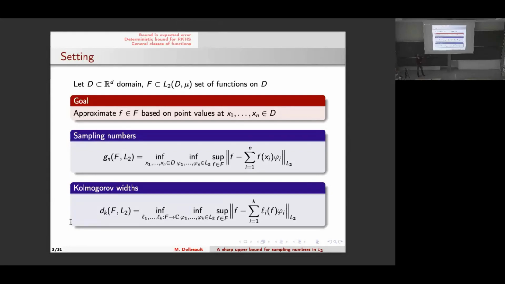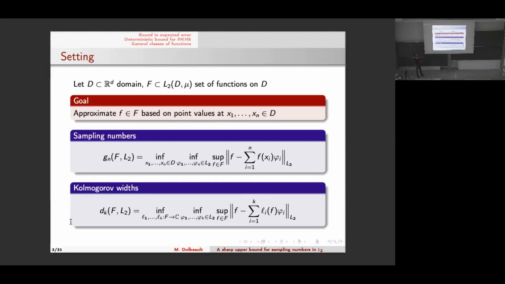So let's recap all that. Now D is my domain, and I just have a class of functions F, which is embedded into L2 with measure mu. My goal is to approximate f based on point evaluations of f at chosen points x_i.